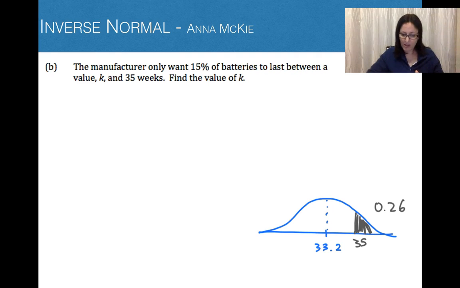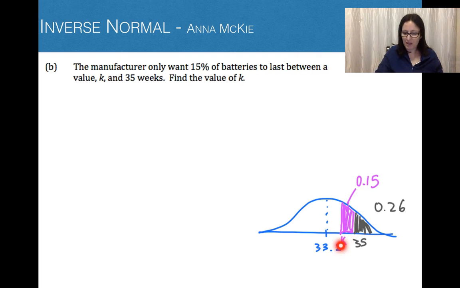So we can tell that K is therefore going to be on the right-hand side of the mean, so K is going to be here, and that this bit in here, between K and 35, the probability of that will be 0.15. Now, we can't use an NCD on this because we need a lower and an upper bound, and we can't put K into our calculator. But let's see if we can combine this information somehow.